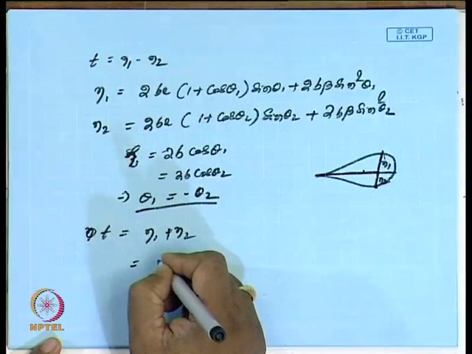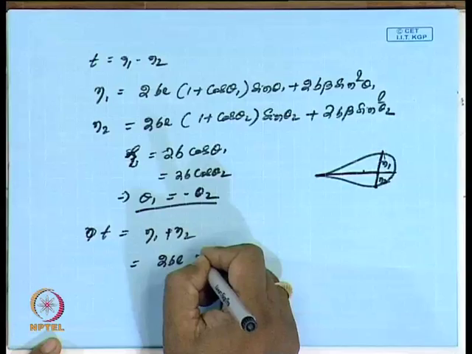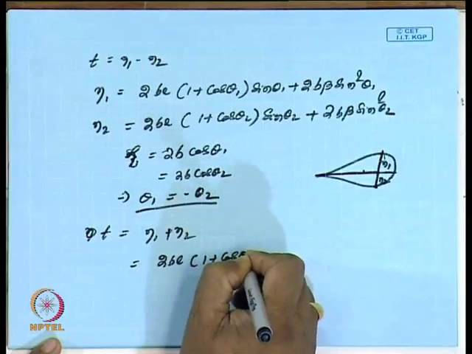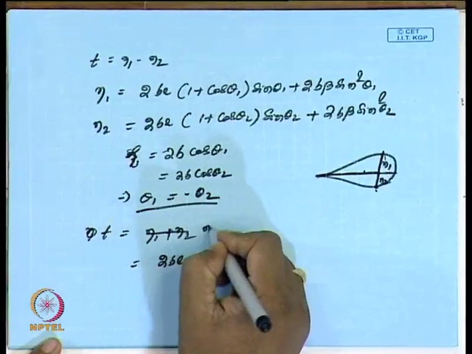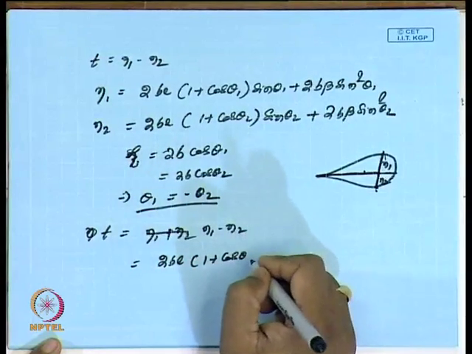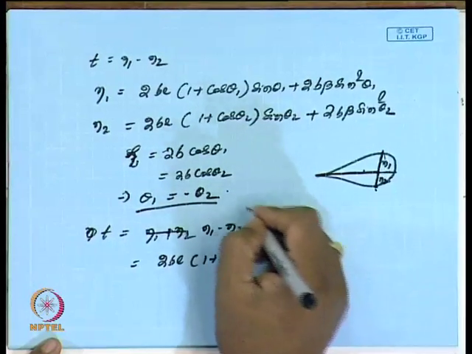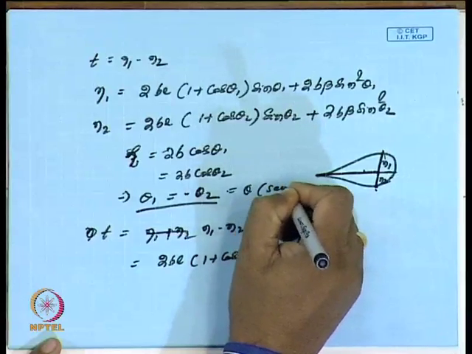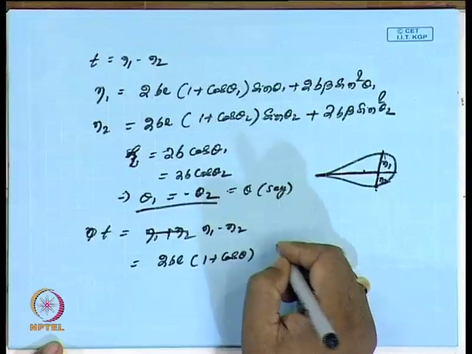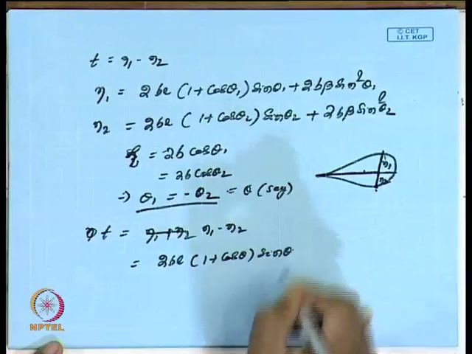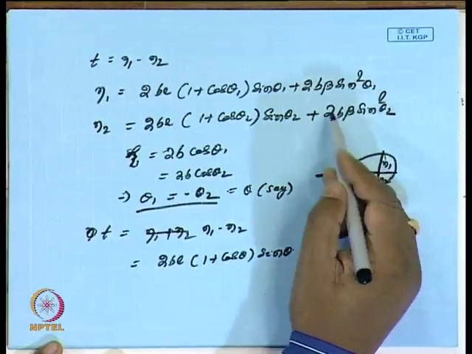So that will give me 2b into 1 plus cos theta into sin theta, because the 2b beta sin square theta terms are the same and cancel.